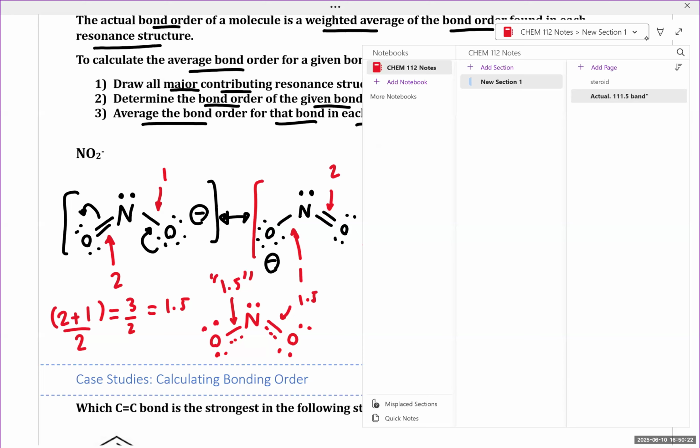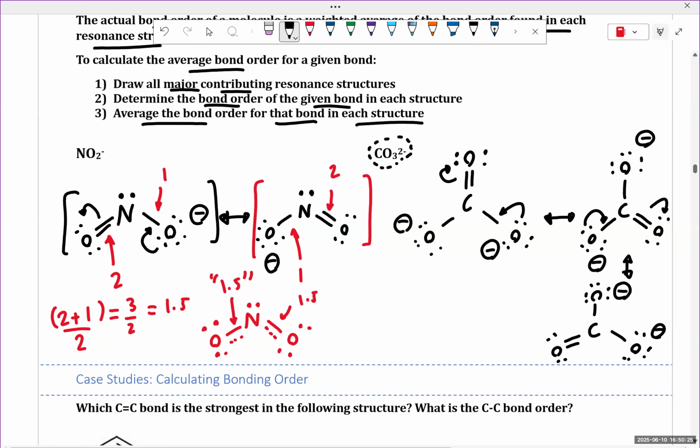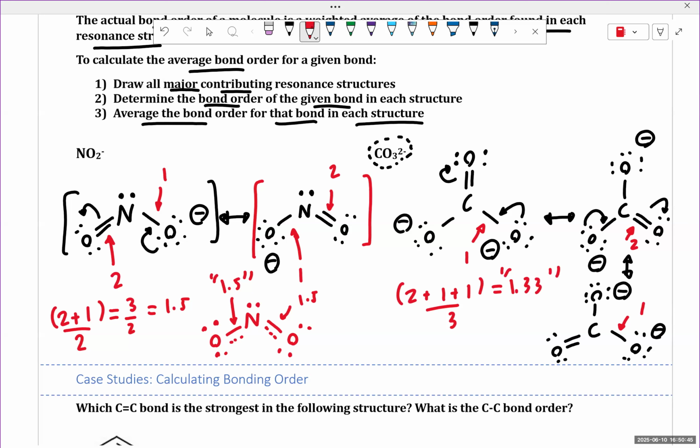Okay, we're now ready to do a tally of the bond order. Here the bond order is 1, here the bond order is 2, here the bond order is 1. 2 plus 1 plus 1 divided by 3 total contributing structures gives us about a 1.33 bond order. So what this tells us is in the actual structure, these bonds are not 1.5 bonds between carbon and oxygen.